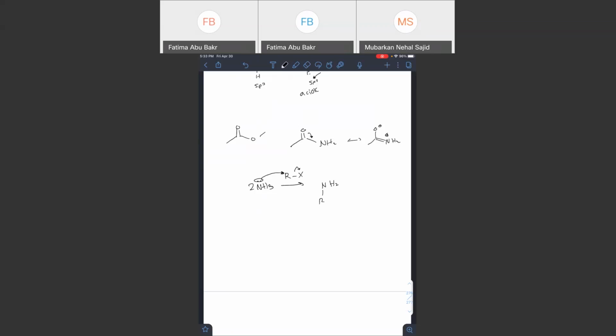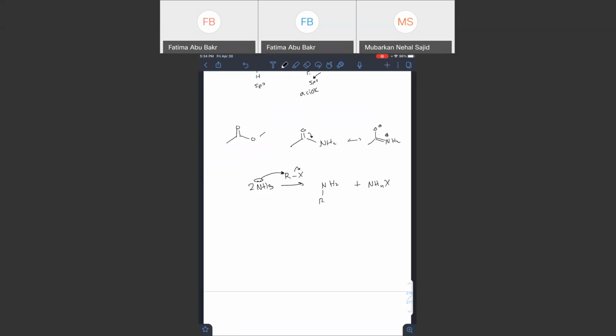We've let go of one of our hydrogens, maintaining octets. And this is accompanied by the other NH3, but now it's an NH4 that has the halogen on it.